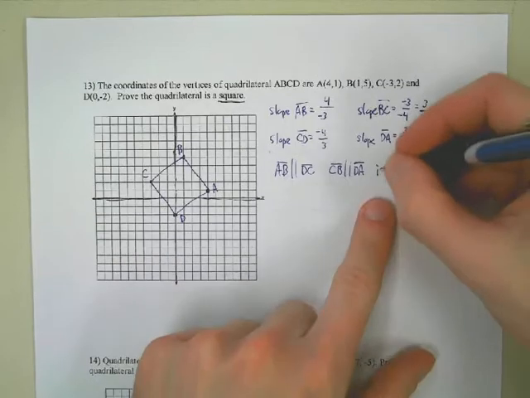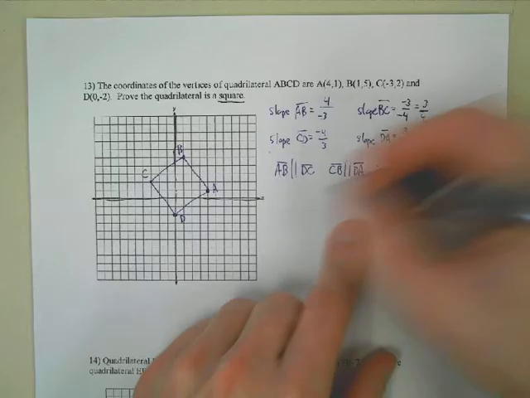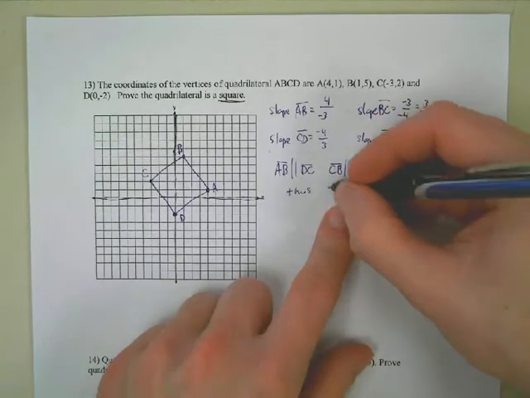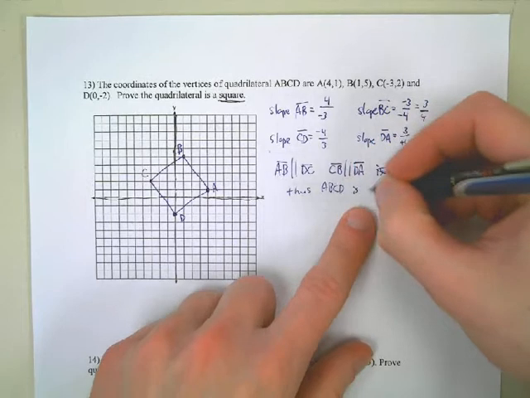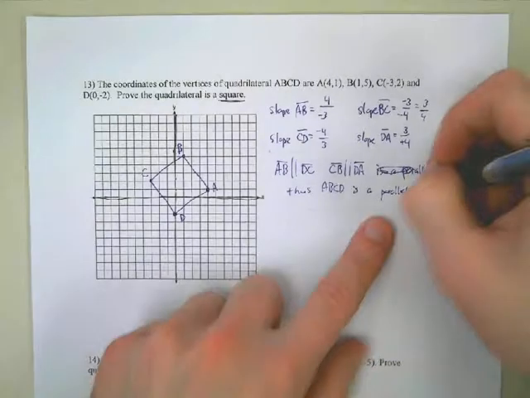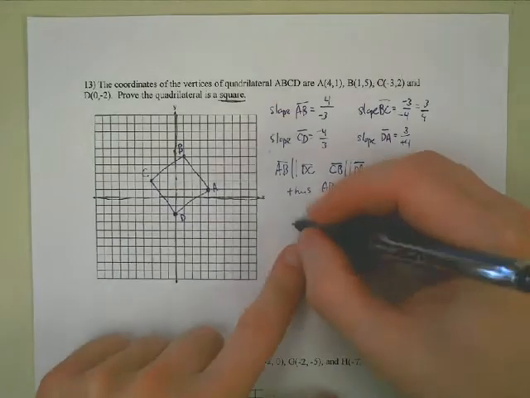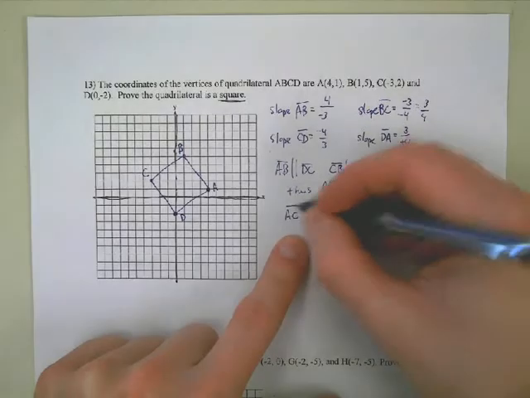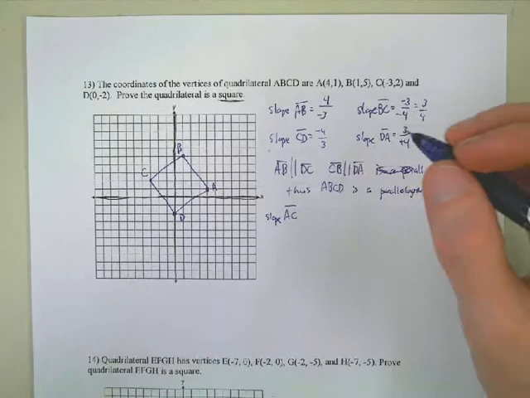Okay, gotcha. And so therefore, thus, ABCD is a parallelogram. And so real quick here, we'll show the slope of AC.